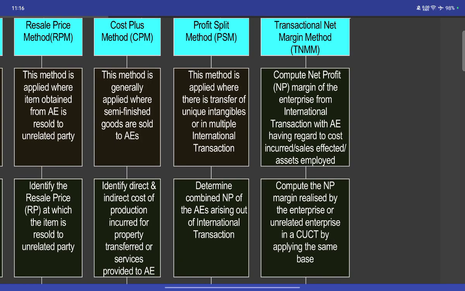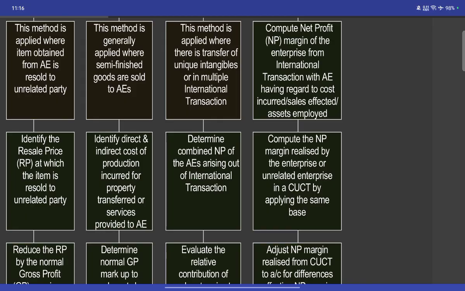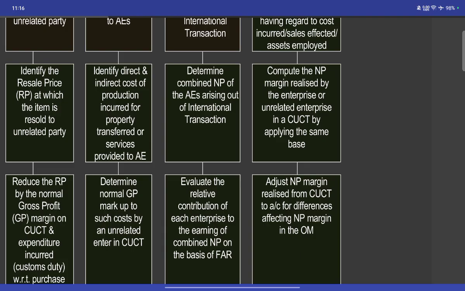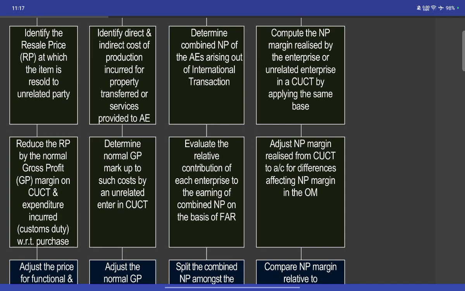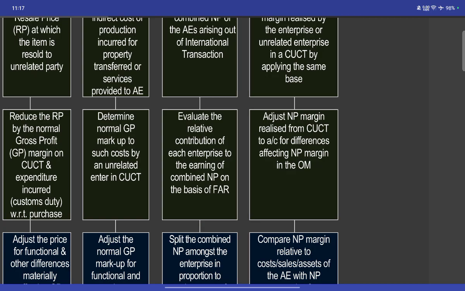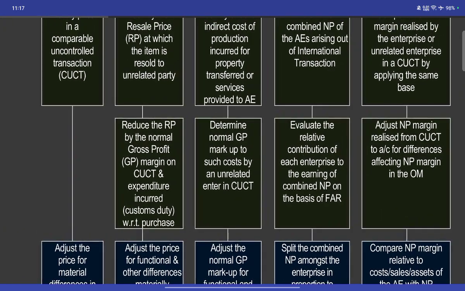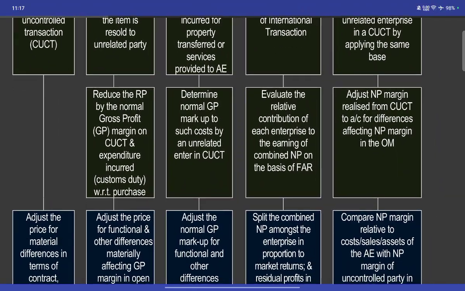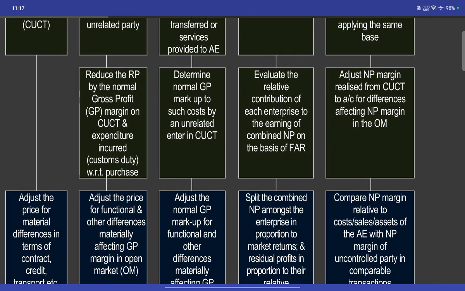Transactional net margin method. Compute the net margin of the enterprise from the international transaction with the associated enterprise, having regard to the cost incurred, sales, or assets employed. Compute the net profit margin realized by the enterprise from comparable uncontrolled transactions, CUT.